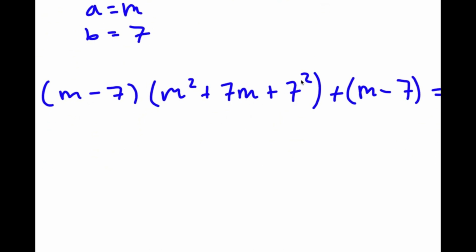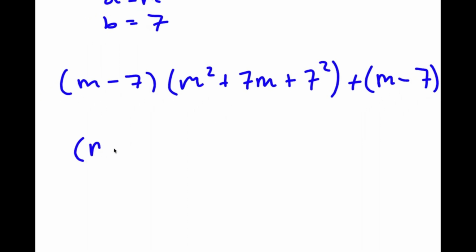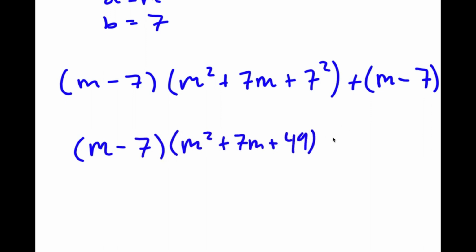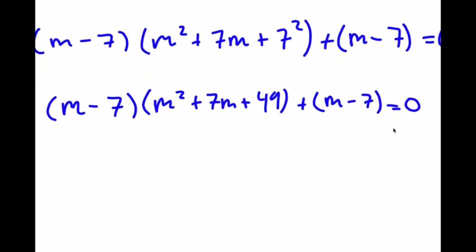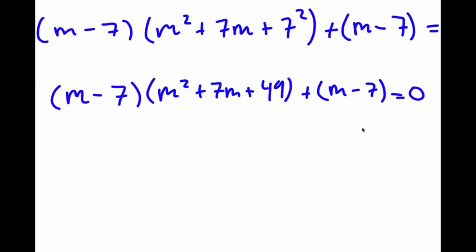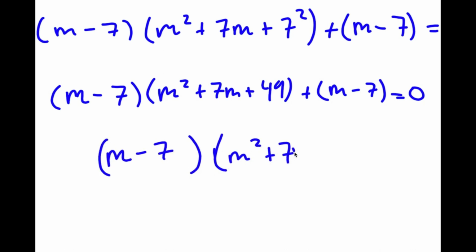Now, 7 squared, this is the same thing as 49, so I have m minus 7 times m squared plus 7m plus 49 plus m minus 7 is equal to 0. Now if I factor out m minus 7, I have m minus 7 times m squared plus 7m plus 49 plus 1, which is equal to 50.